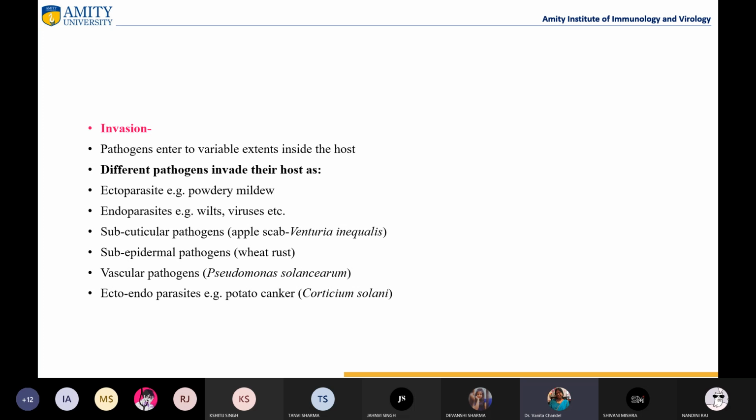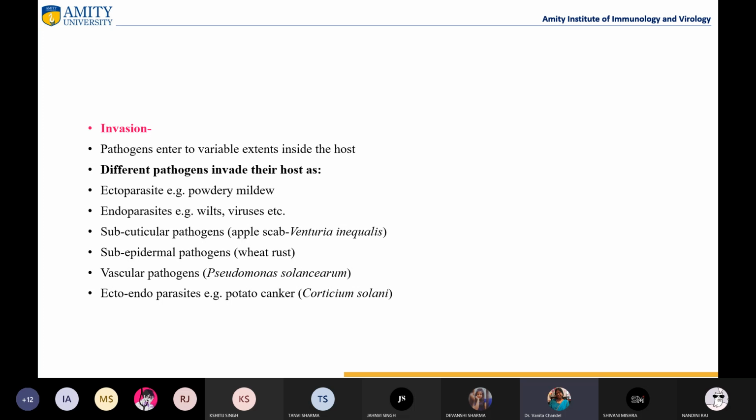Invasion means pathogens enter to a variable extent in the host. So how much it has invaded a host, whether it has gone to the whole host or the root system only, or only the shoots of the particular plant, or even the fruits also.